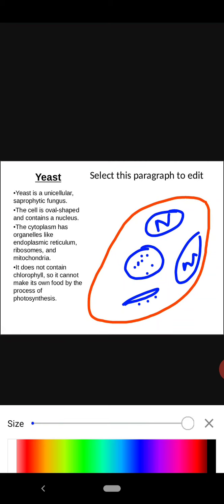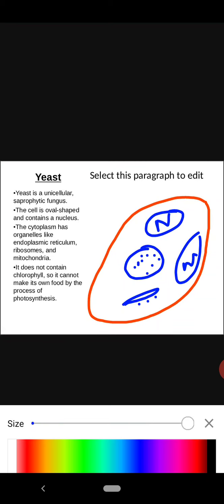It contains endoplasmic reticulum. It contains mitochondria. It contains vacuoles, lipid granules, phosphate granules.